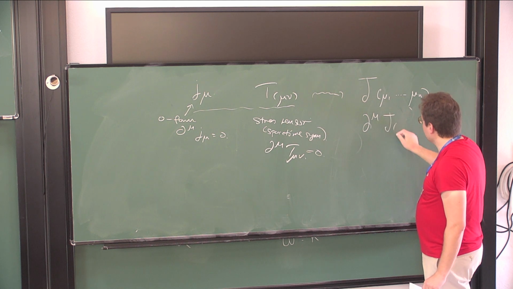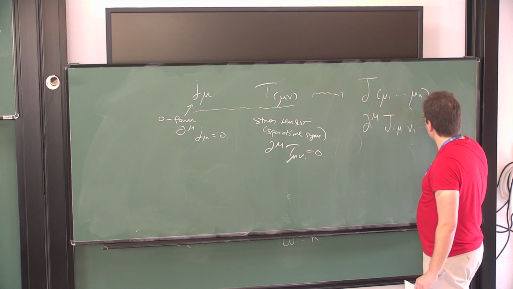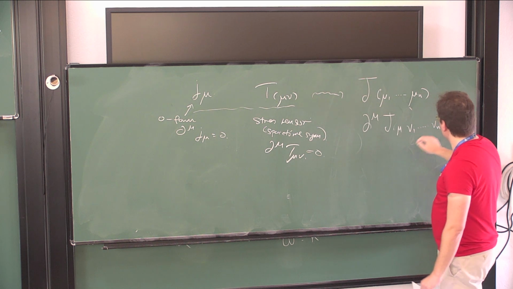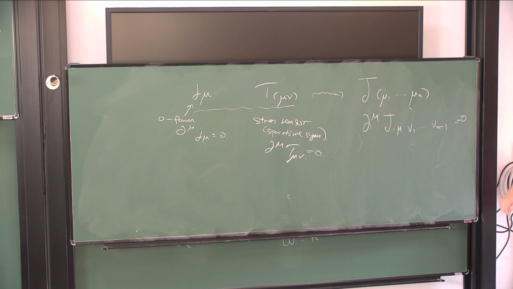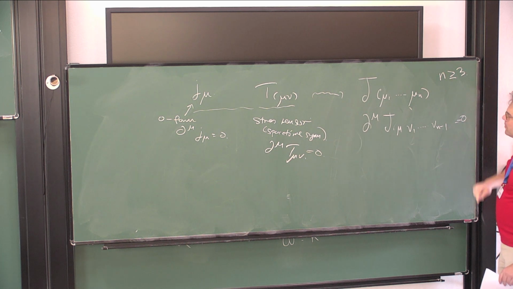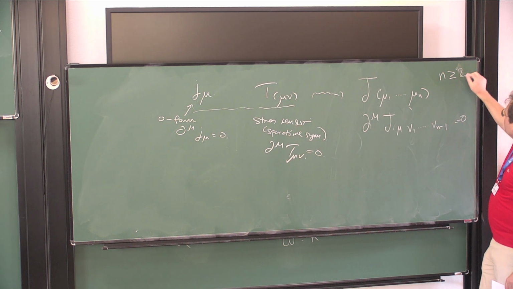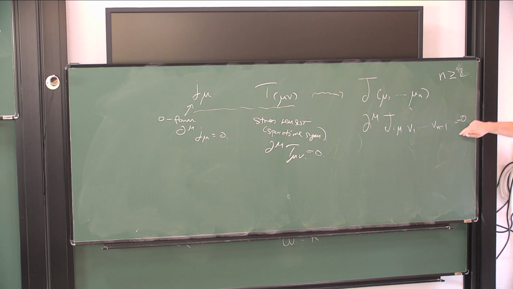Sometimes people call them higher spin currents. So there are symmetric tensors of rank greater than 2. There could be other rank 2 tensors as well. Doesn't really matter. And they obey a conservation law like that. That would seem to be a natural generalization.